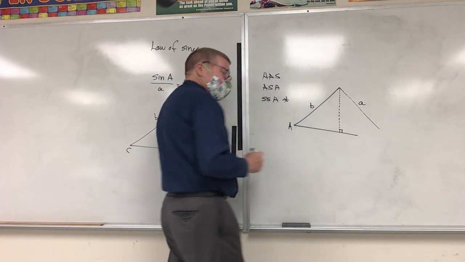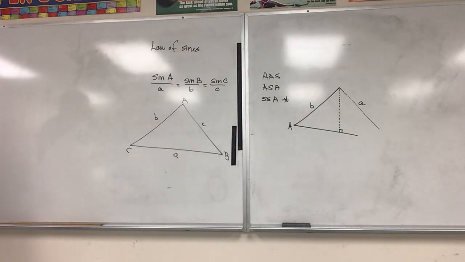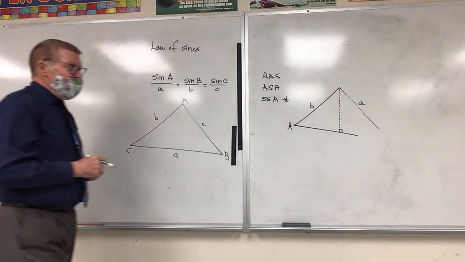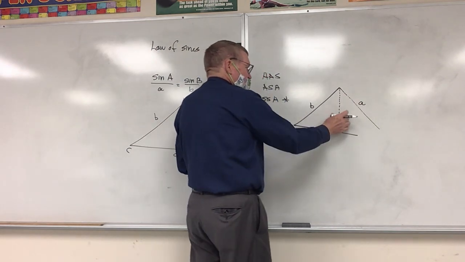This is the shortest length that side could be for that to be a triangle. Any other triangle, the side would be longer than that. So I want to compare this side to this side. Well, how do I find this side?